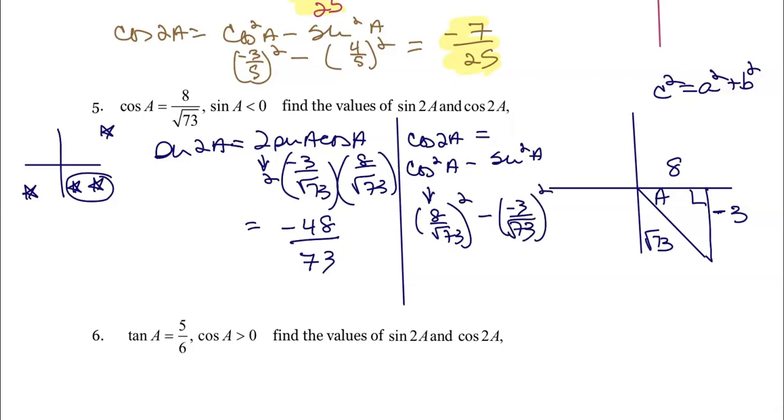So that's going to give me 64 over 73 minus 9 over 73, which gives me 55 over 73. And now we're done with that too.